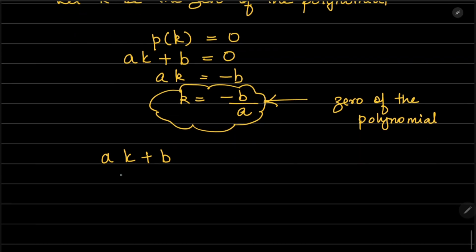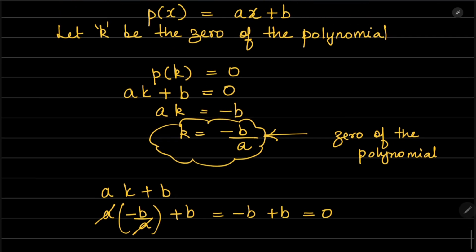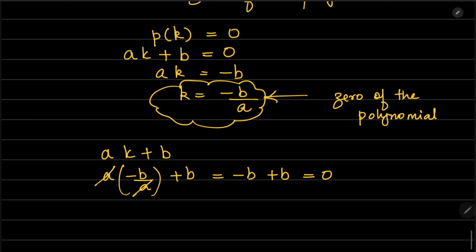In place of k, if I put minus b by a, what do I get here? Plus a and a will get cancelled. So you will get minus b plus b, which is 0. So in place of x, or in place of k, if I put minus b by a, then I am getting a 0. So minus b by a is the 0 of the polynomial.